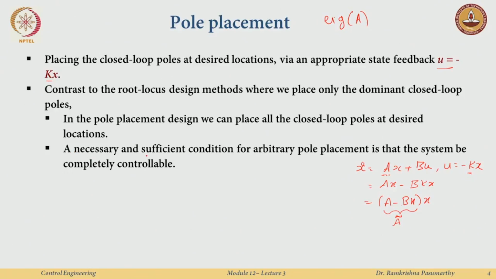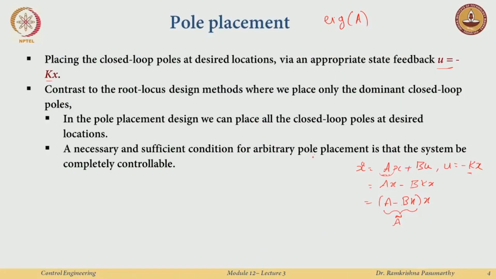There are necessary and sufficient conditions for arbitrary pole placement. What is arbitrary? If I have n poles here or n eigenvalues, can I place all eigenvalues? Can I shift all the n eigenvalues to desired locations? So this is arbitrary pole placement. So when can I do this? I can do this only if the system is completely controllable, right?